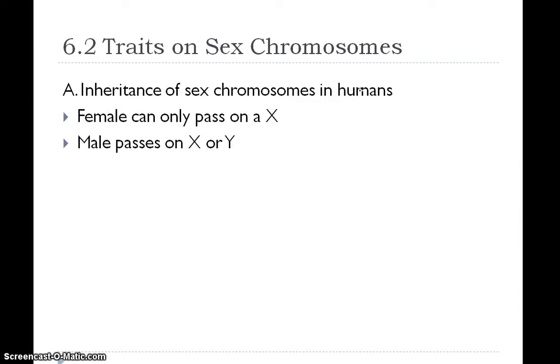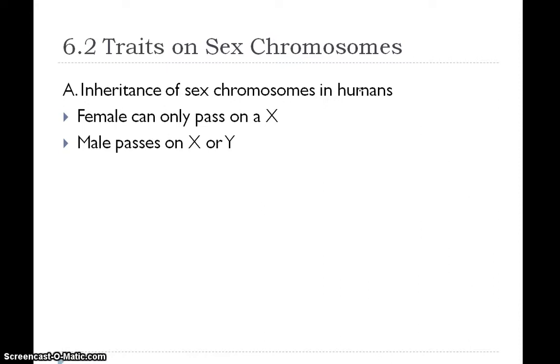A female is XX in terms of their sex chromosomes. A male is XY. Because a female is XX, she can only pass on an X to her offspring. Males are XY, therefore they can pass on an X or a Y.